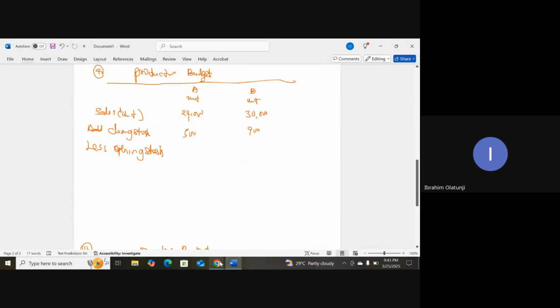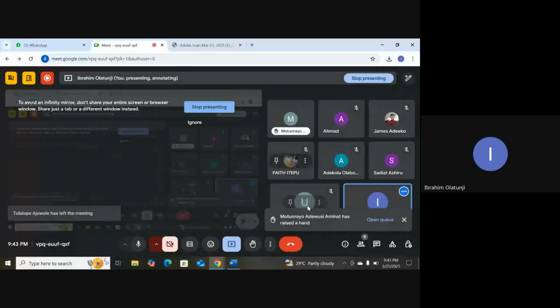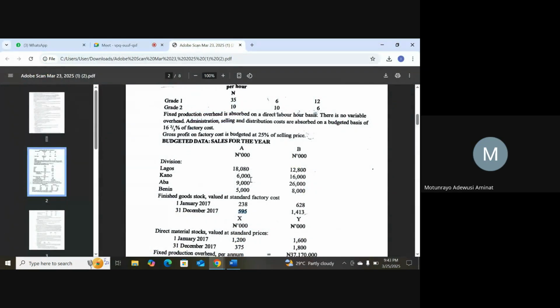Someone asked how to calculate the closing stock in units for both products A and B. The value of the stock is 595,000. They are telling you that this information is valued at factory cost.